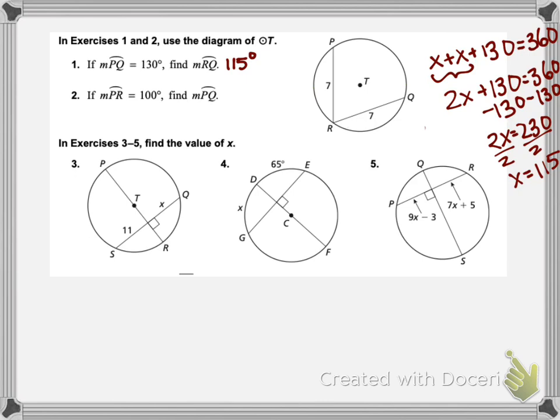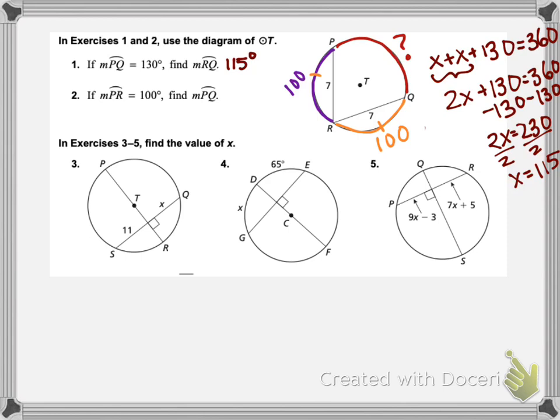Alright, this next one, again, none of that information applies to the second part. It says if the measure of arc PR is 100, find the measure of arc PQ. Again, because the chords are congruent, their arcs are congruent, so RQ is 100.